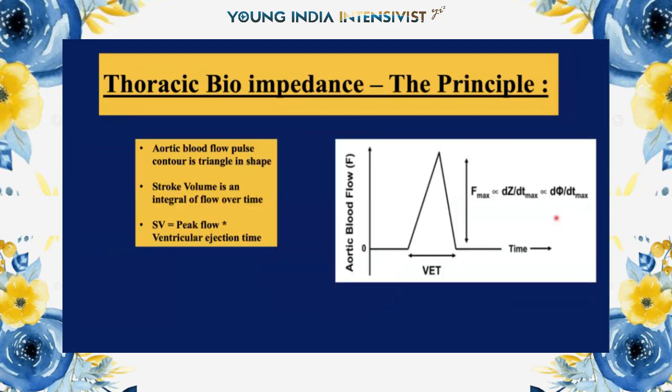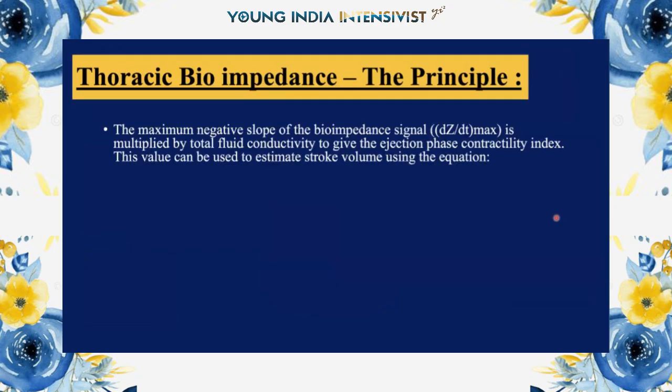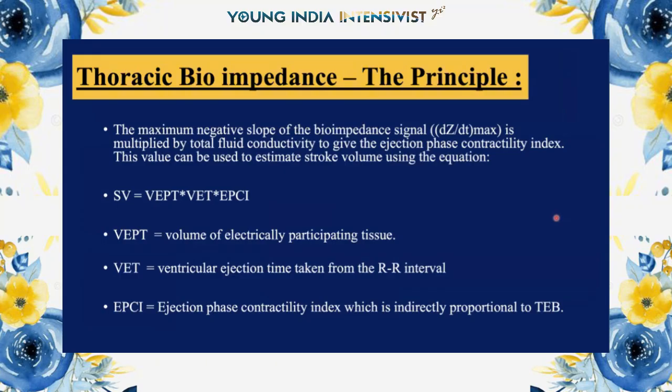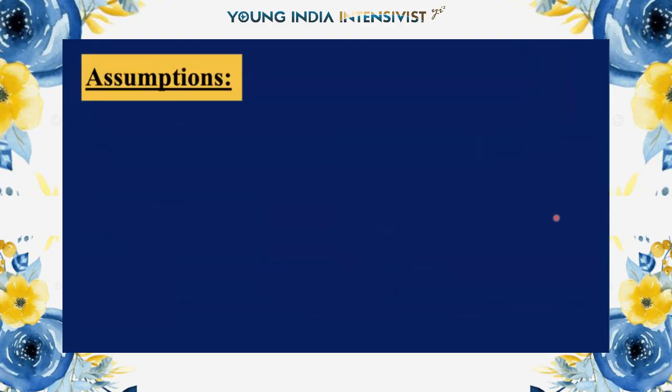Based on that, they arrived at the equation, which consists of these three components. Stroke volume is equal to VEPT, the volume of the electrically participating tissue, times VET, which is the ventricular ejection time. This ventricular ejection time is taken from the RR interval in the ECG, and EPCI, the ejection phase contractility index, which is indirectly proportional to the thoracic electrical bioimpedance.